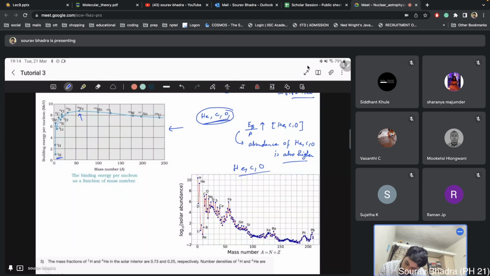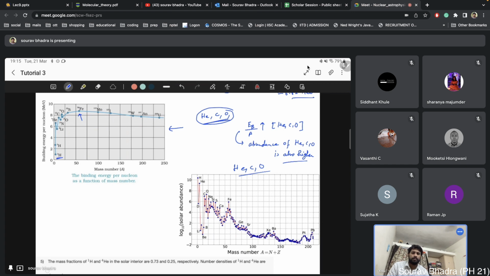Now one thing I found is that I have to go through the shell model and the liquid drop model, but I have not taken any question from that for this class. I will do it in the next class.